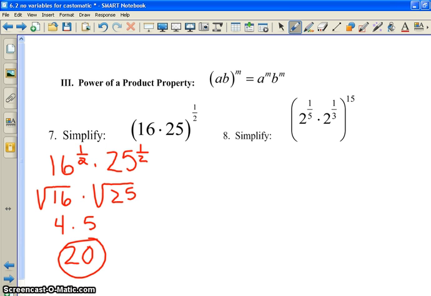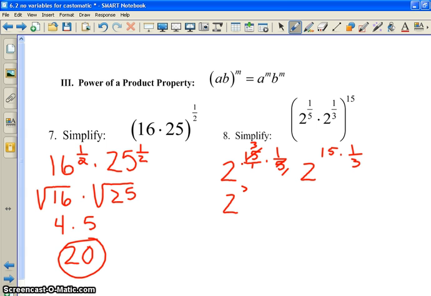The next one we're going to do the same thing. We're going to distribute. So we would have 2 to the 15 over 1 times 1/5, and 2 to the 15 times 1/3. Now if we go ahead and reduce that, 5 goes into 15 3 times.